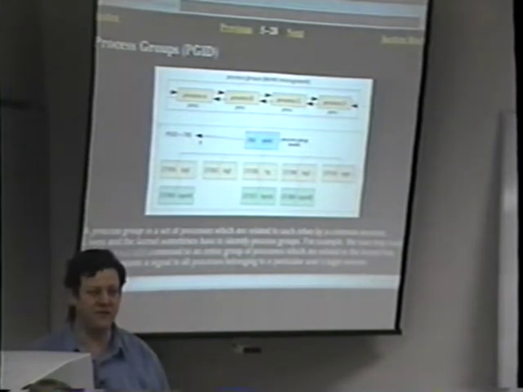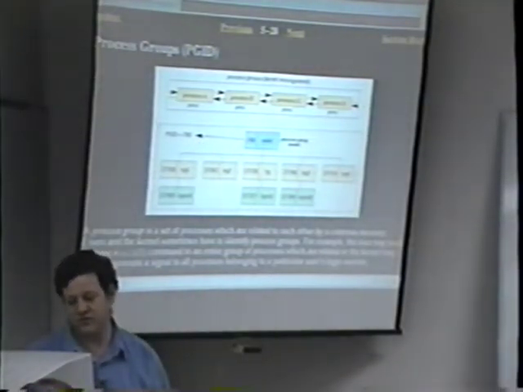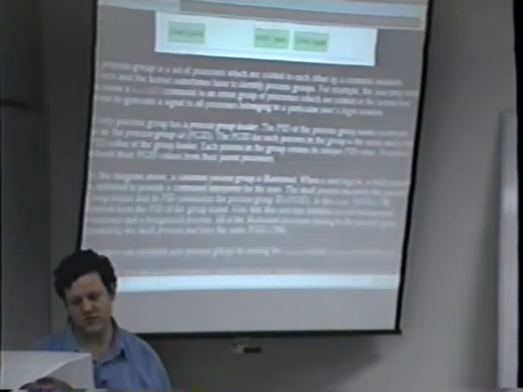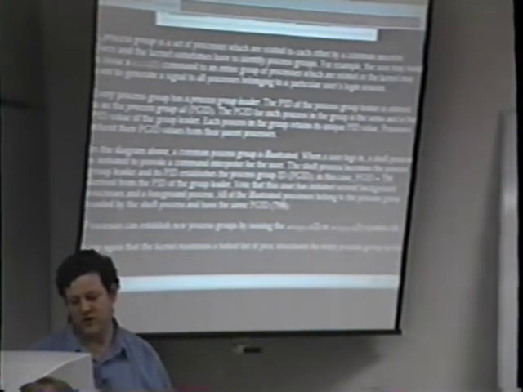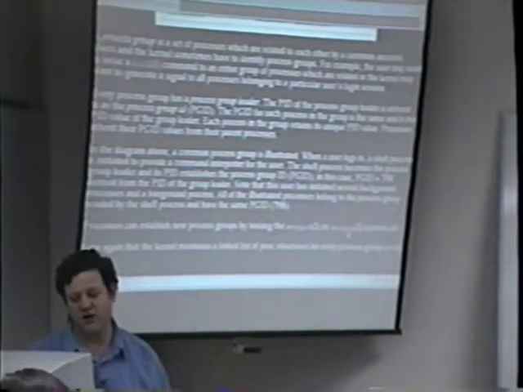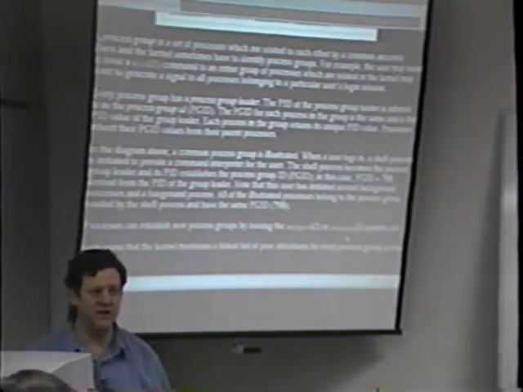In Irix, they don't have that ability yet to have limits by process group. You can change your group IDs by using a setpgid or set process group ID system call. And some of these things are more commonly used in, for example, MPI, message passing interface.